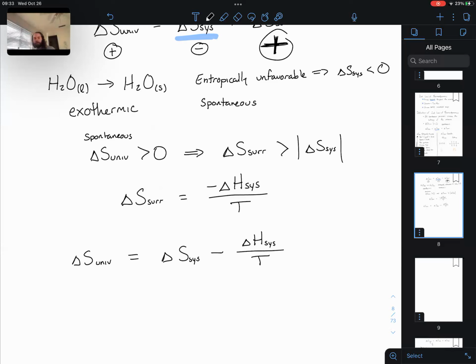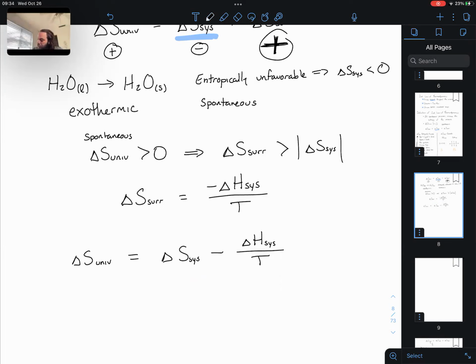We like this because now it defines everything in terms of the system, things that are easily measured. It's hard to measure everything that's happening in all of your surroundings. It's easy to measure whether or not heat is coming or going from your system.